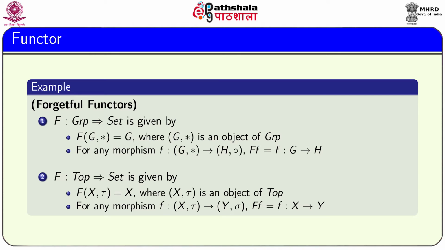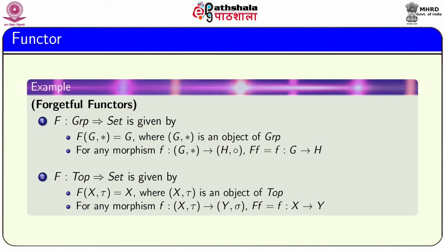This example is a very typical one. The name of the functor is forgetful functor. That means, it forgets the structure of the domain category.